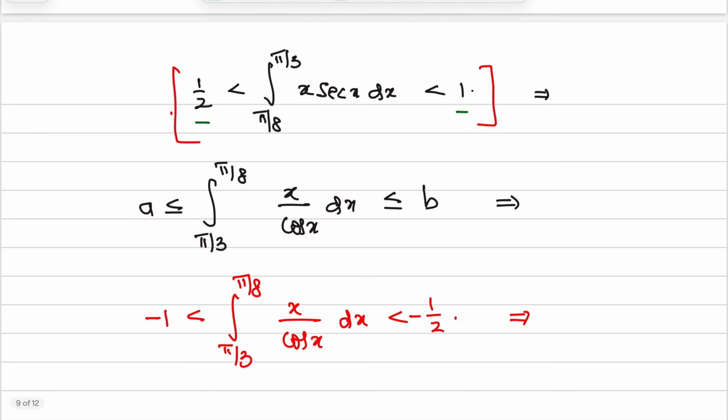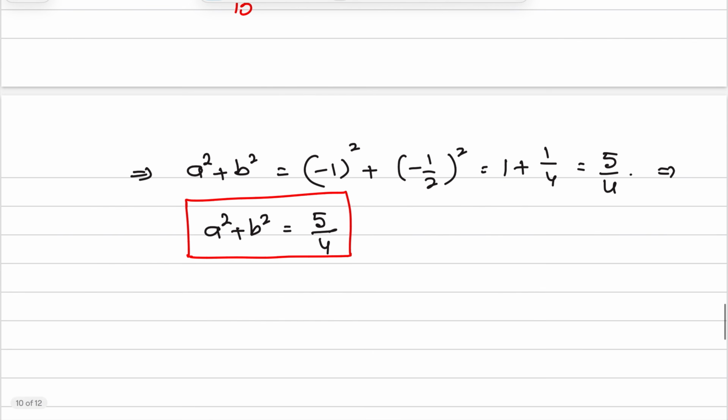From this, we have got this using this. Try to pay attention to it carefully. This is what is the question. Whatever values we have got in this equation, we have converted in the form of the question and we got the a and b values and a square plus b square is equal to 5 by 4.